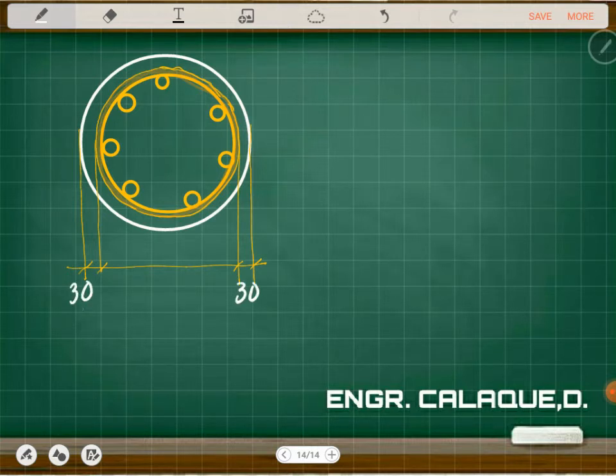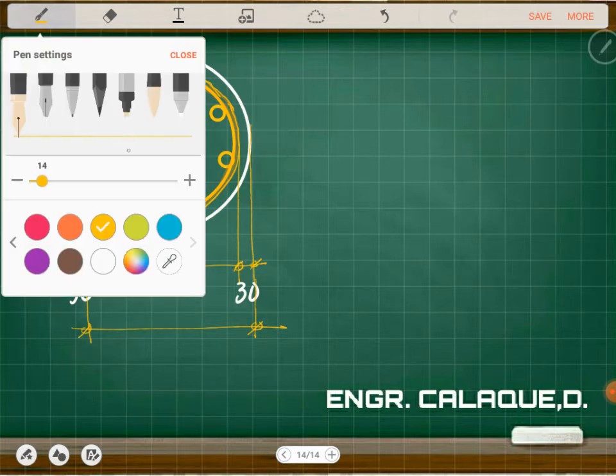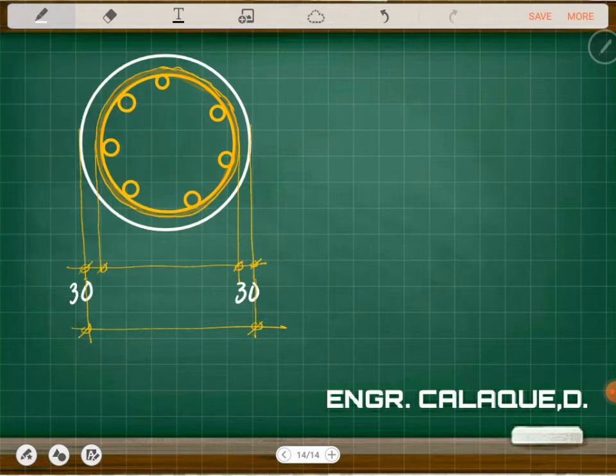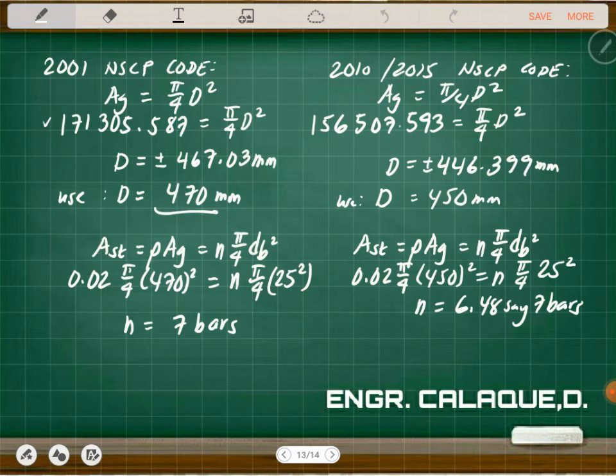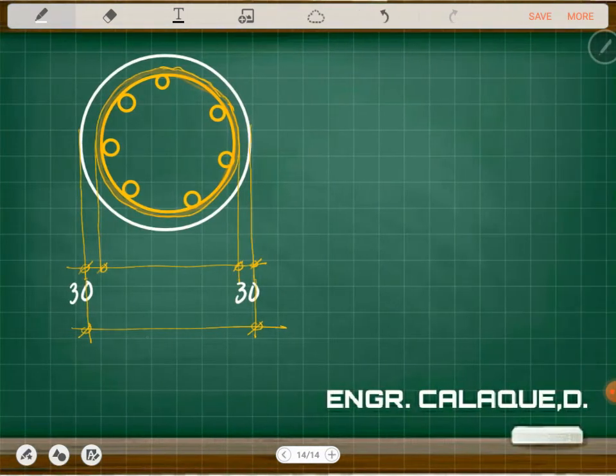Okay, and then dito naman meron tayong dimension na 2001, 470. Let's say ito yung 470, this 2001.